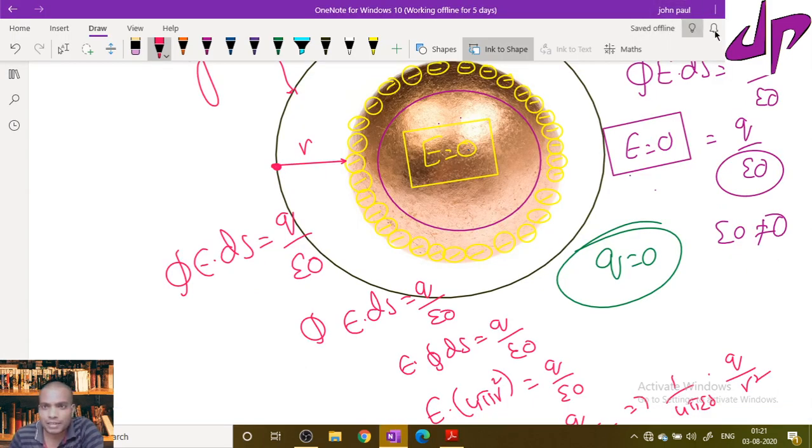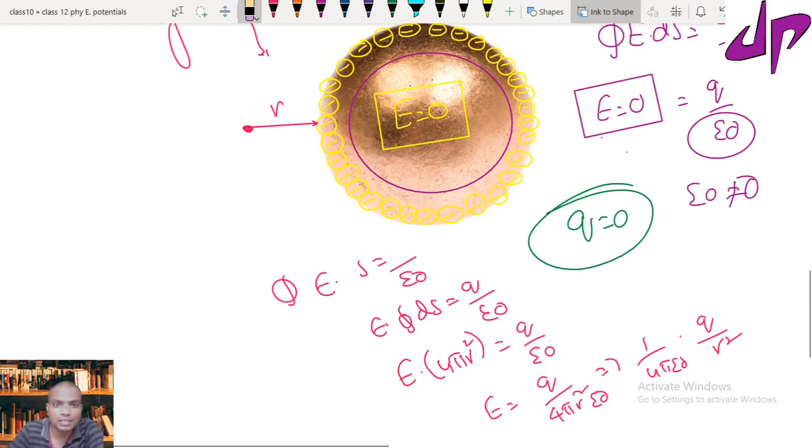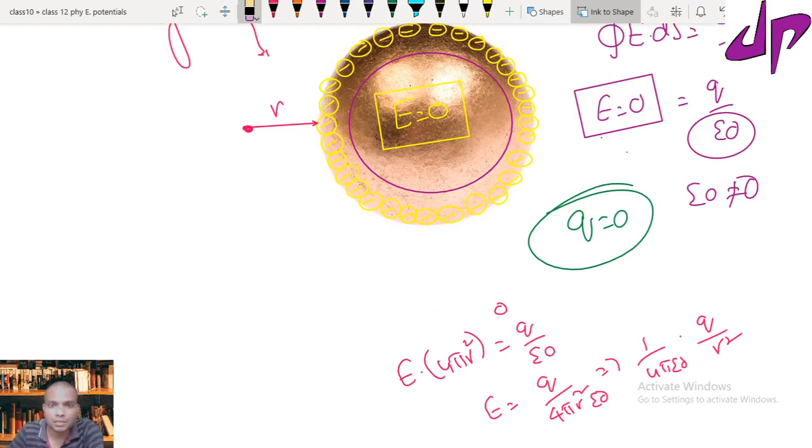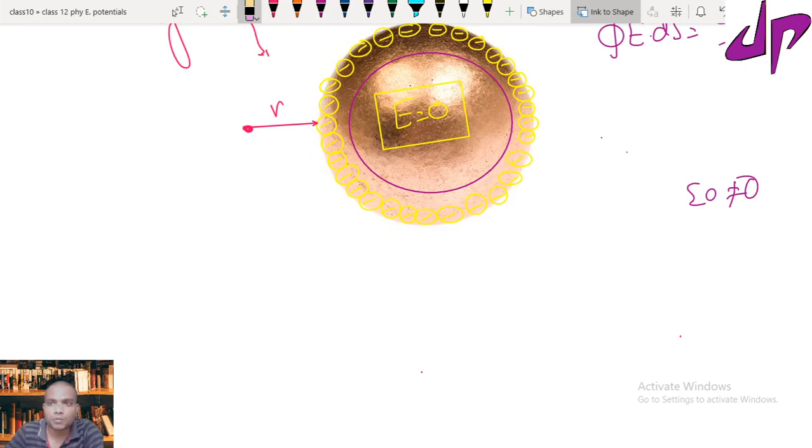Now in this case, we need to bring in the relation between electric field and electrostatic potential. That's very easy, since we know the relation. So what is the relation between electric field and potential?